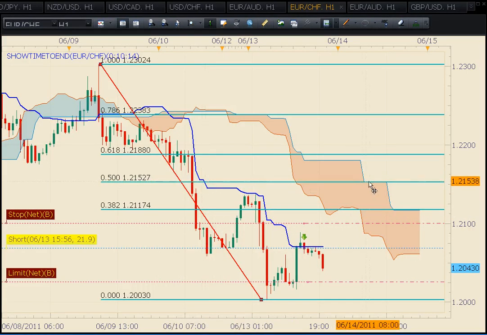The 50% line smack up right on with this top of this Kumo right here. And the 61.8 is pretty close to the top here. Your 78.6 right on the top of this Kumo there. So you could see the levels right there. And you will look at that and see that those are areas that you want to look at for a reversal.